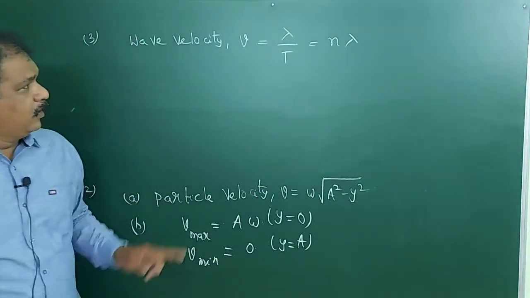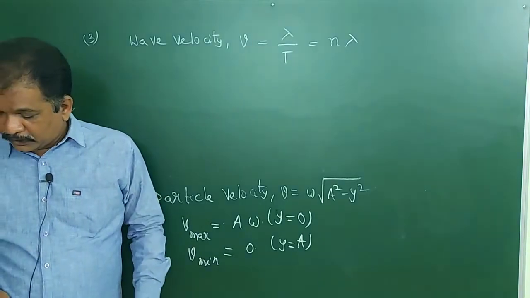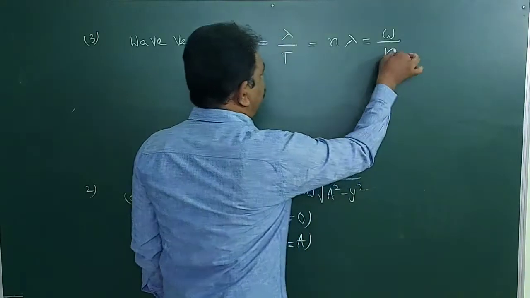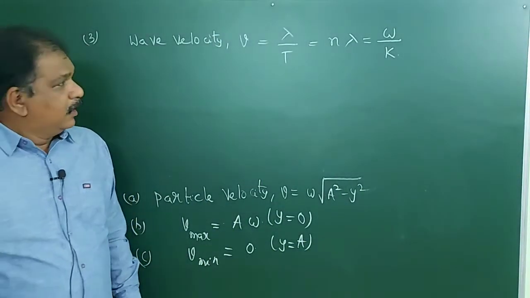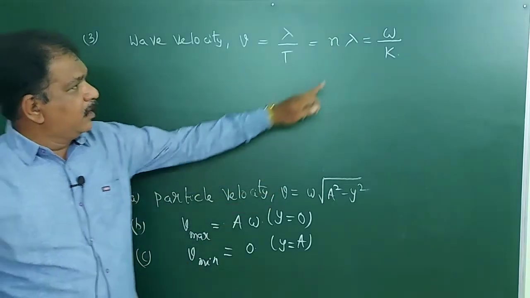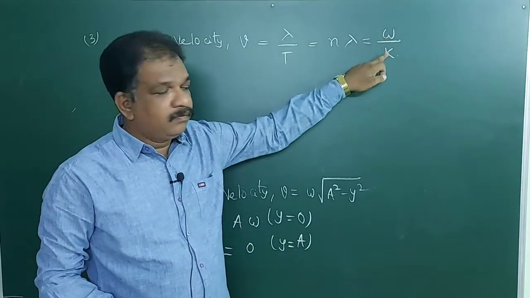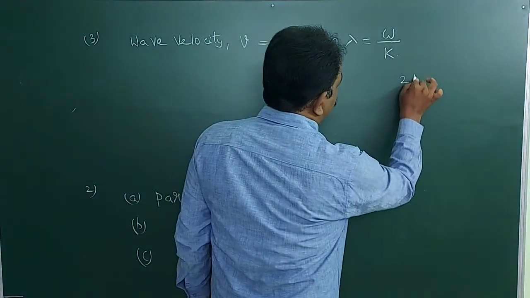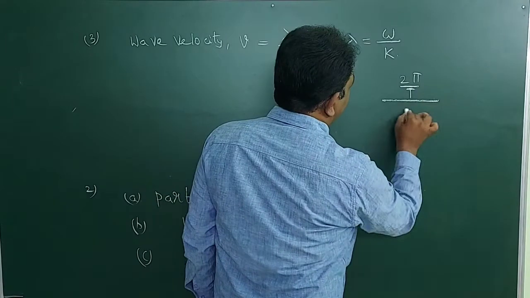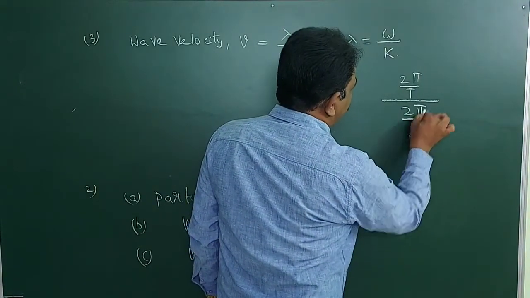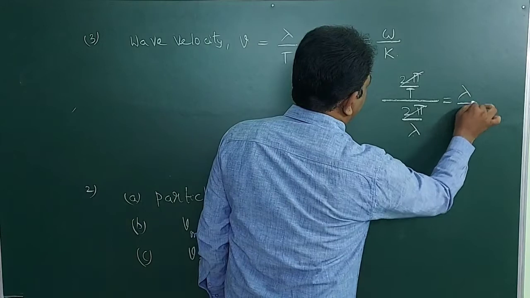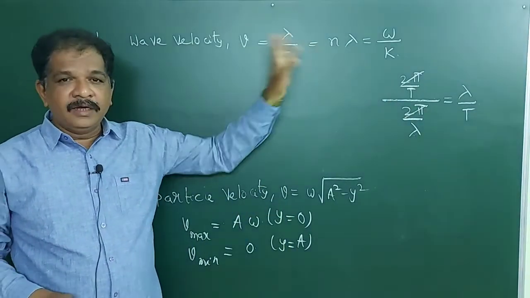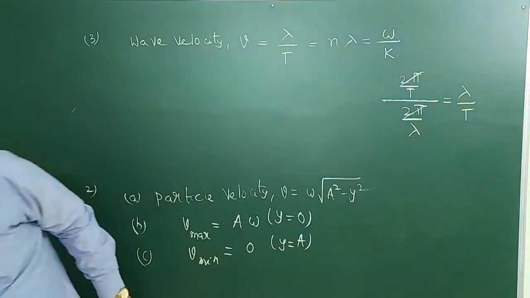So nλ will be the formula for wave velocity. Another formula for this is ω/k. Omega is 2π/T and k is 2π/λ. So 2π/T divided by 2π/λ becomes λ/T. This only we will get. ω/k also we can write.